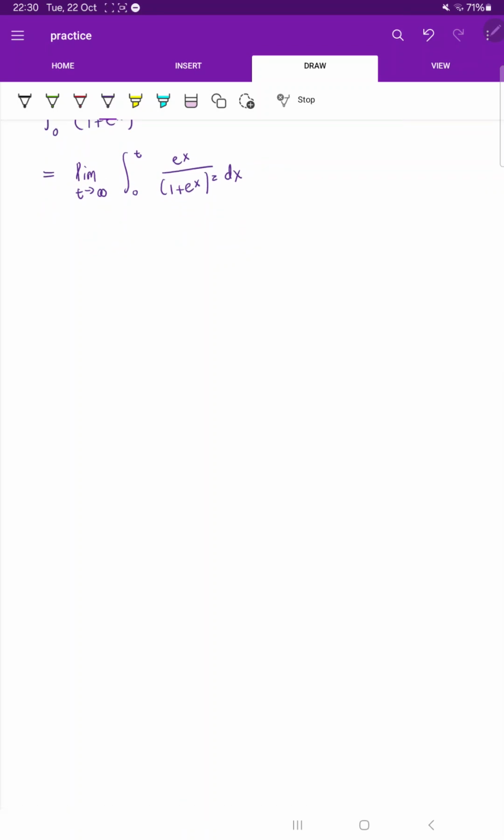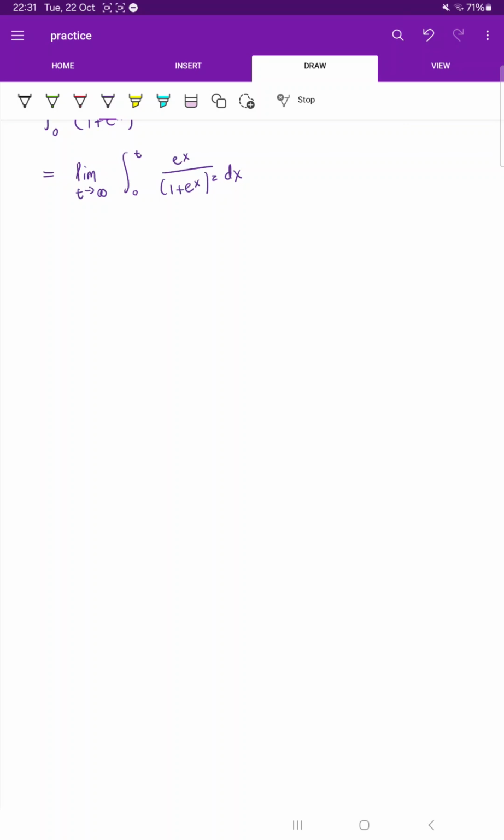And basically what this does, it says, okay, I'm gonna evaluate my integral with the bounds from 0 to t. But as soon as I'm done evaluating that integral, and when I take the limit as t approaches infinity, I'm going to send t to infinity, and we see what happens, okay? Then we really see whether we can evaluate the integral or not.